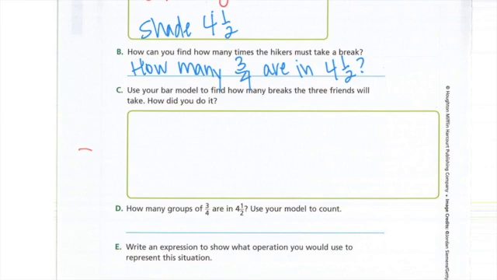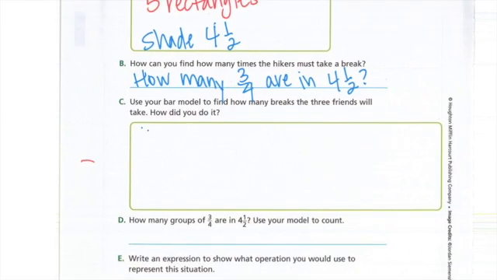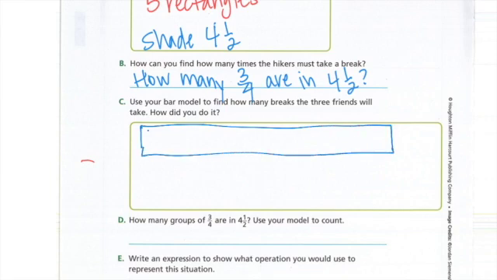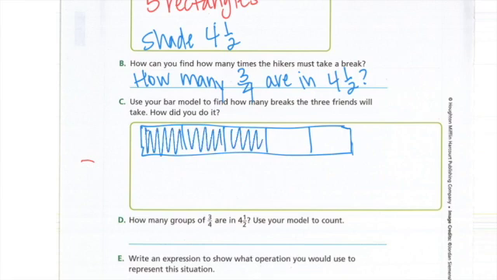So let's see here. Let's take our bar model that we had, draw it again. 1, 2, 3, 4, 5. Okay, so we have 1, 2, 3, 4, 5. And we needed 4.5, right?